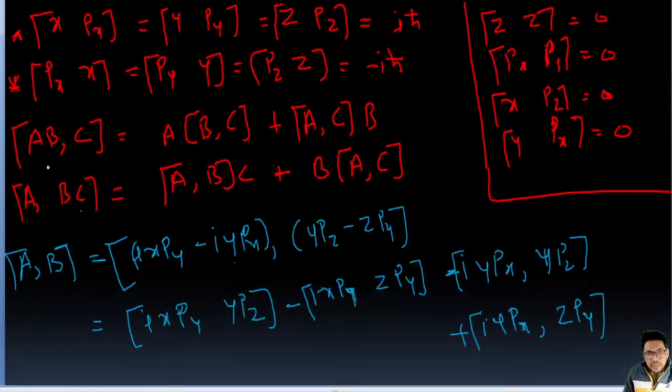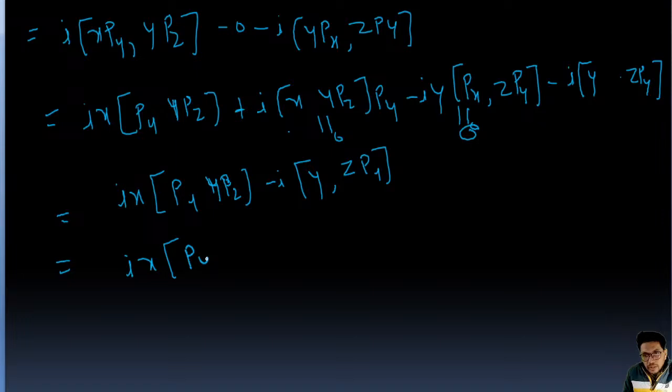Okay, this one ABC, this is going to be AB into C plus BAC, right, this property we'll use. So this is going to be PYY PZ, okay, plus PZ plus PZ PY, sorry, this is going to be, this is outside, right, this one.